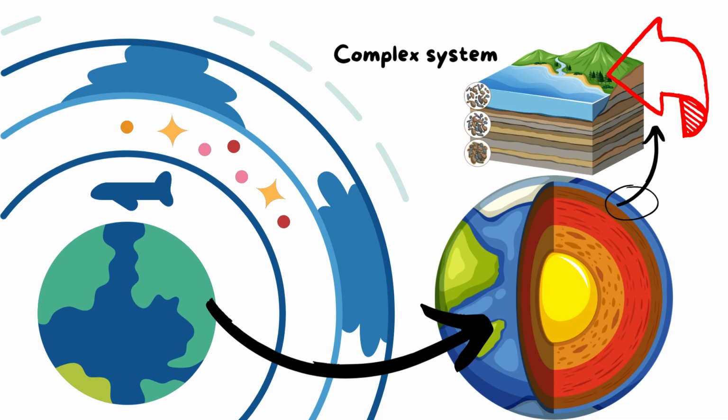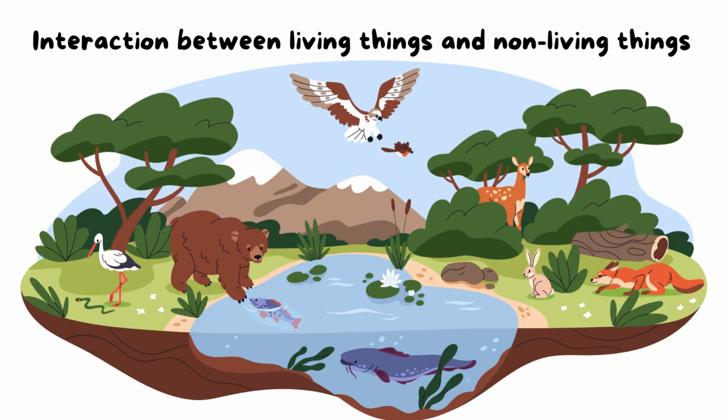So now we talked about the mixture of gases that's surrounding the Earth. And on Earth, we have land and water and many organisms, okay, as we know. And there is an interaction between the organisms and the non-living things, okay?